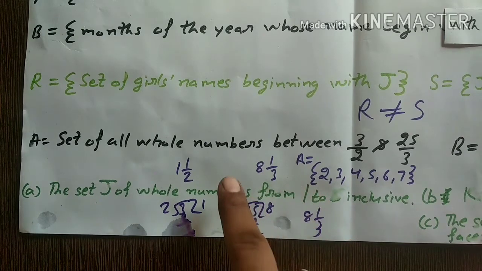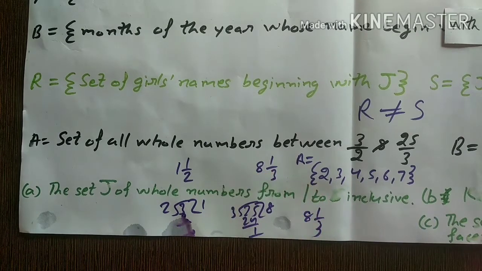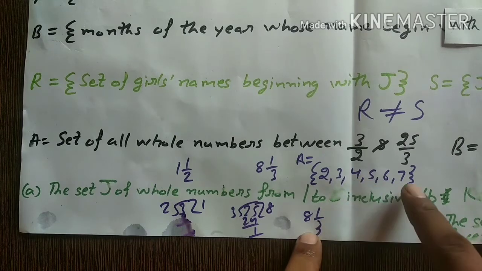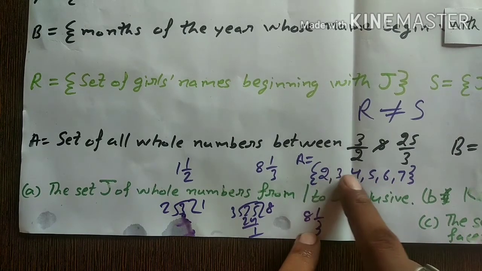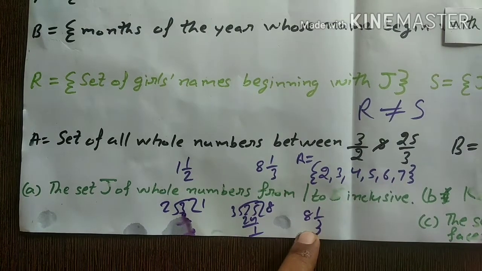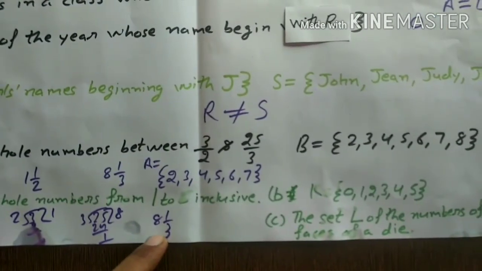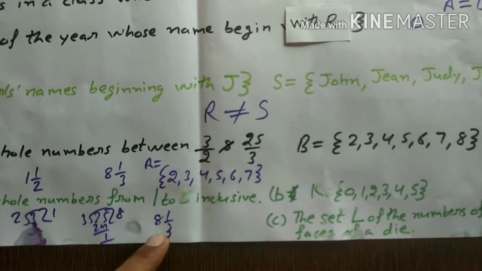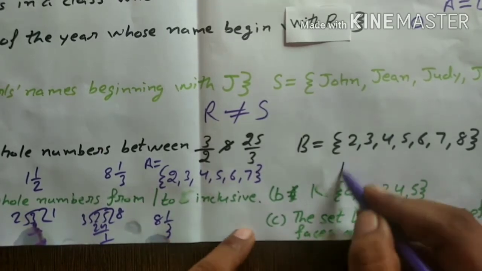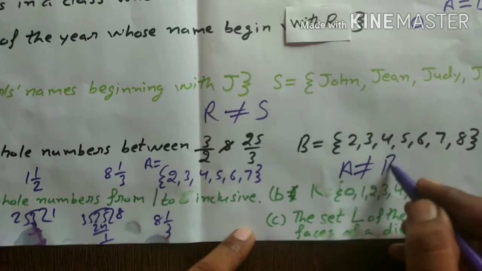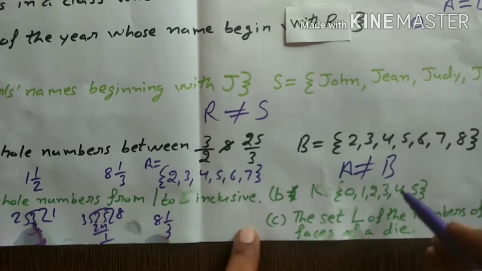So 1 and 8 are not included. Here you see this set is having members 2, 3, 4, 5, 6, 7, but the set B is having different members from these. So we can decide that set A is not equal to set B, students. So I will write A set is not equal to B set, students. Okay.